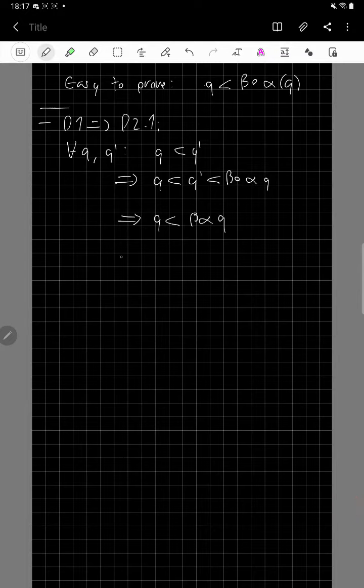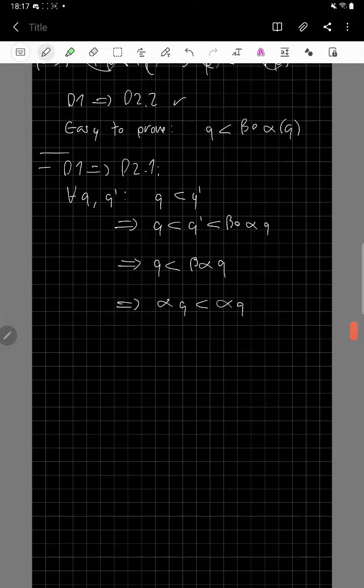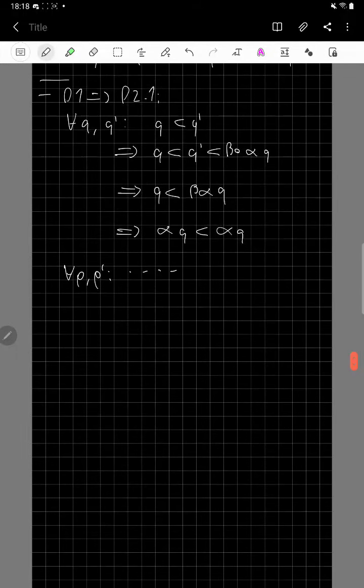And from this we get alpha Q. Now we proved the first property of definition 2 for Q, but obviously for P and P prime we give the same argument, and we will have proved it for both Q and P.